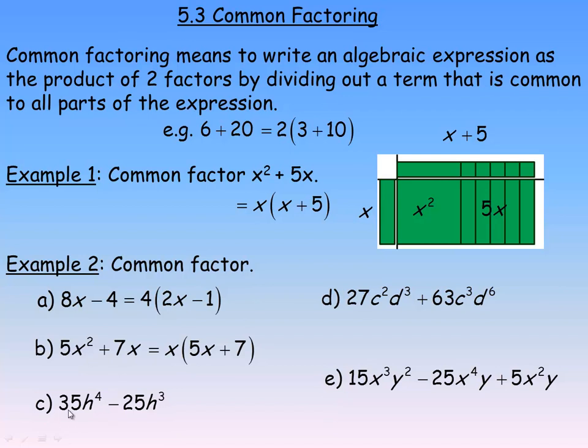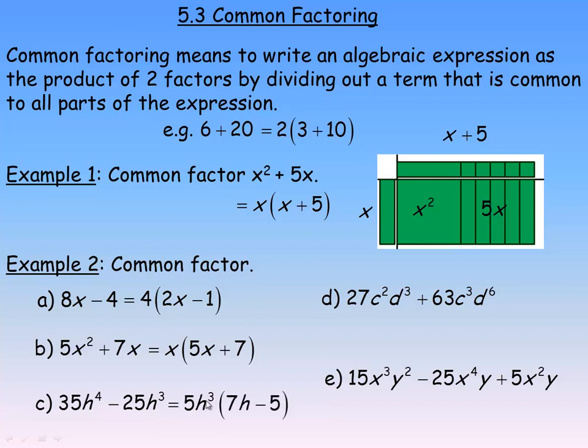In C, we're asked to factor 35h to the fourth minus 25h cubed. Notice that 5 divides into both of these, and they both have powers of h. h cubed is the lowest common power. So you can factor 5h cubed out.